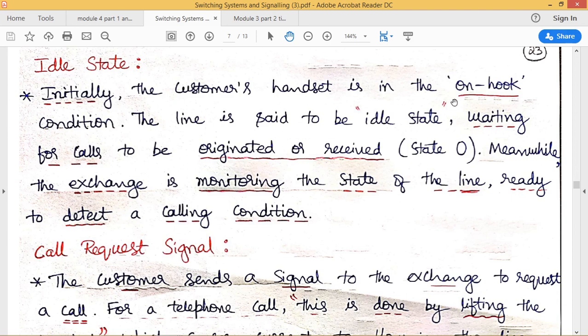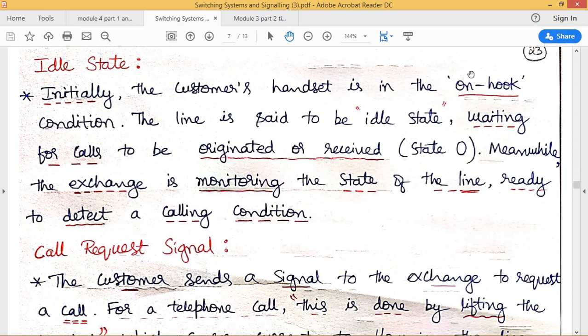Generally a customer handset will be on hook, as the customer has not picked up the telephone. We call this the idle state, in which the handset is waiting for calls to be originated, whether the customer makes a call or receives one, and we call this state 0. Meanwhile the exchange is also monitoring the state of the line, ready to detect a calling condition.